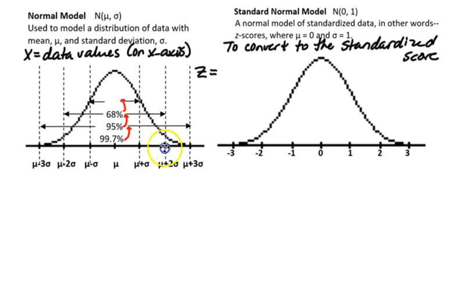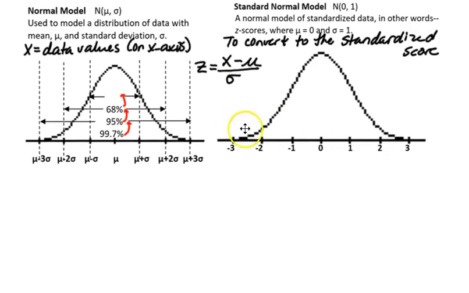Well, the data value here I'm going to call x. The mean is mu, and the standard deviation is sigma. So now we're going to use these letters, these symbols, to represent data value minus mean divided by standard deviation. And we're going to look at converting from the regular normal model to the standard normal model.